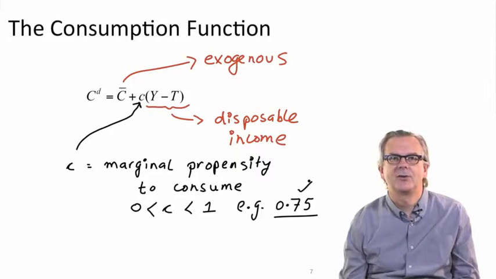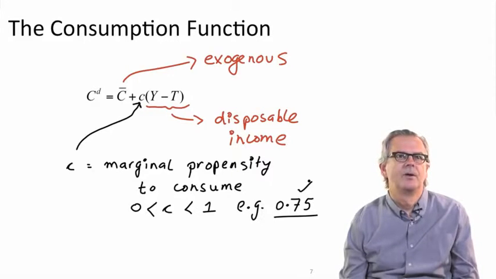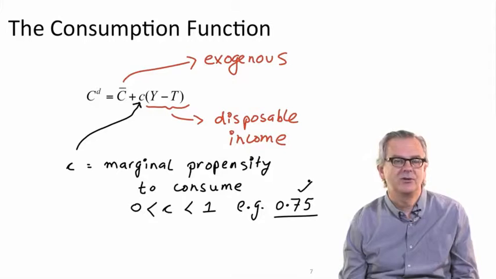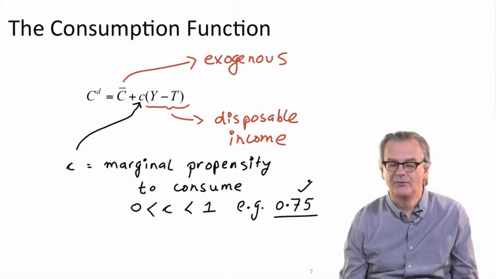What happens to the other 25 cents? Well, that can be used either for saving, or it could be used to purchase some imports, or it could be used for some combination of both. So the $1 gets allocated across some extra consumption, some extra saving, some extra purchases of imports.